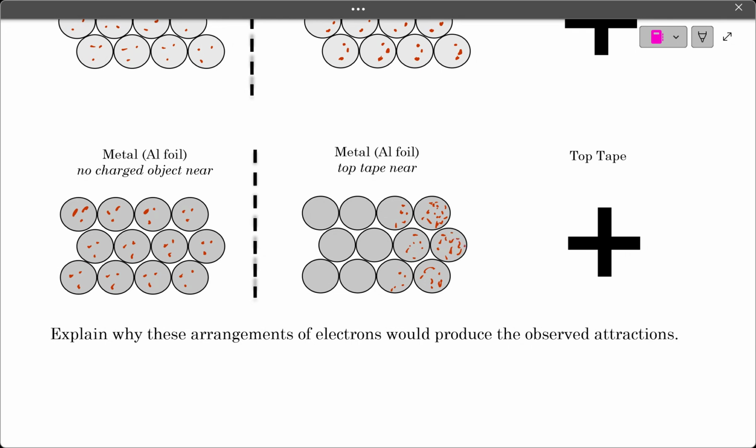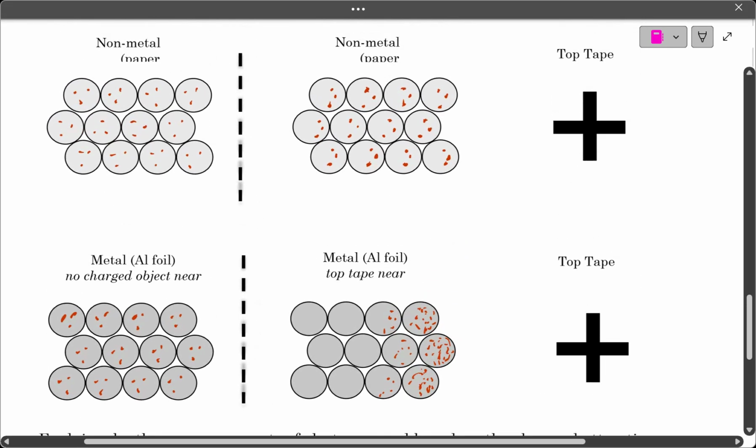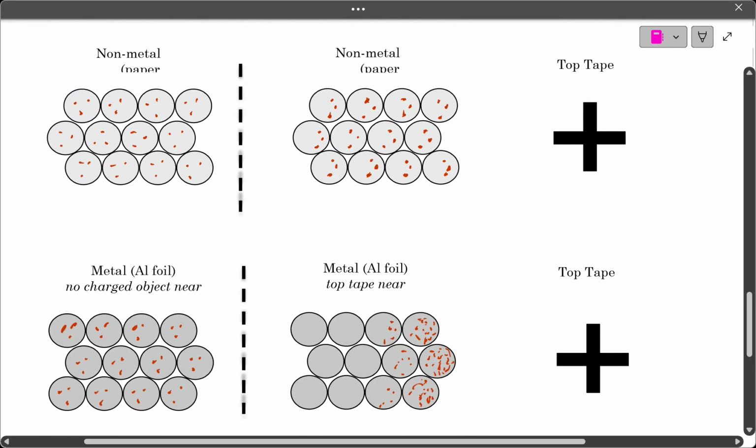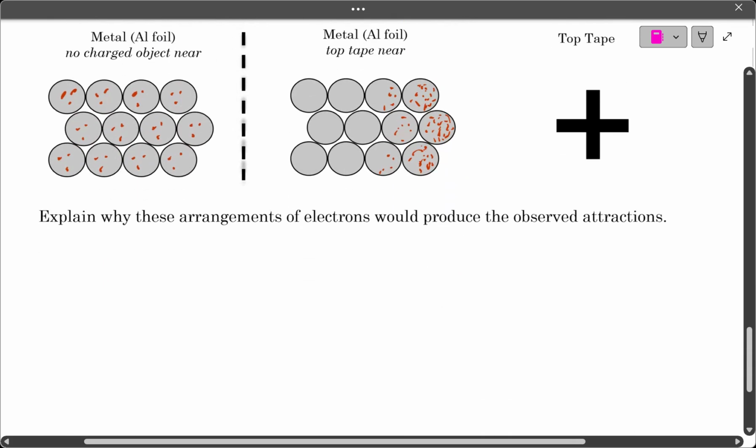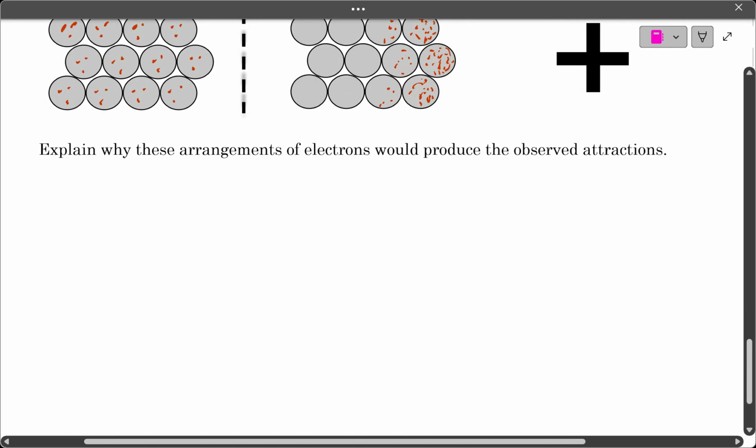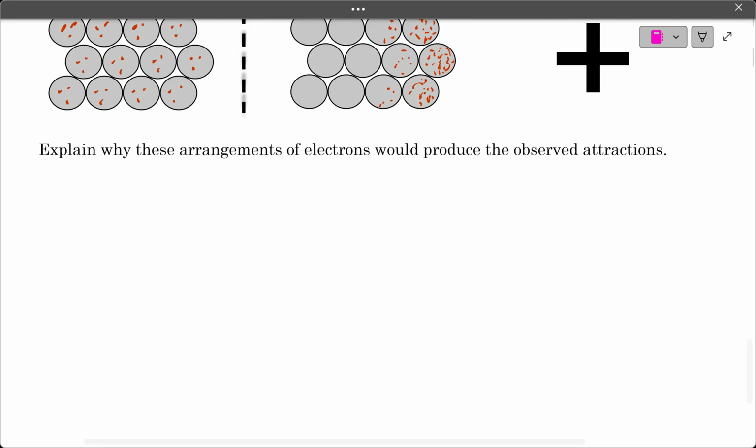So the way this could explain what we saw with the tapes is that the electrons are able to freely move around in the metal. They are not able to move away from their atoms inside the paper. But why this would give such different attractions is that nonmetals are poor conductors.